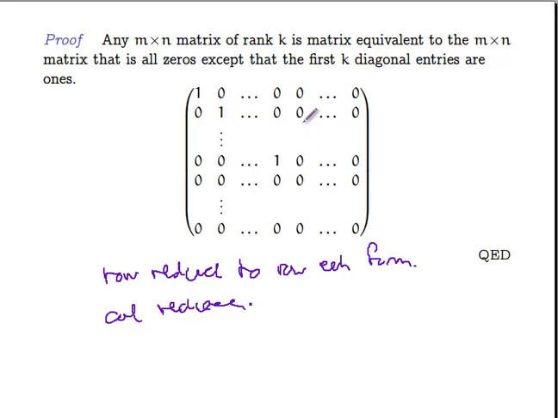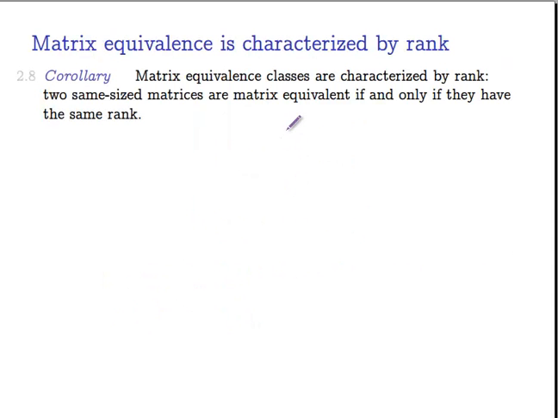Those columns that have non-zero entries correspond to free variables, and these correspond to non-free variables. But these columns can be used to reduce those other non-zero columns to zero. Okay, so that's the idea. You row reduce to get rid of excess rows, and then you column reduce to get rid of excess columns.